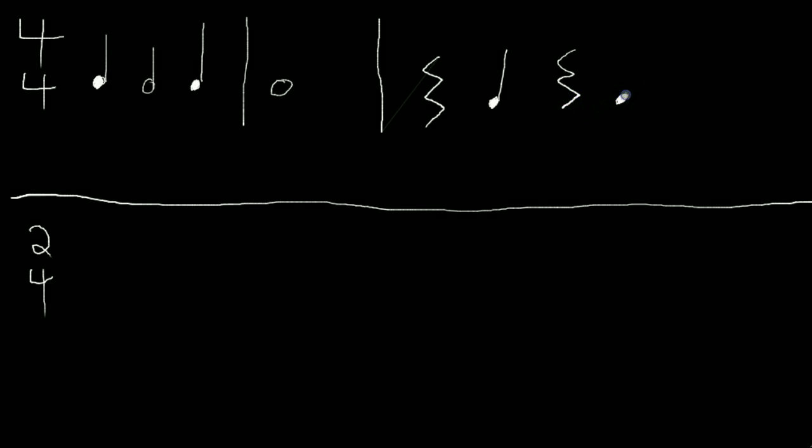And then this will just be 3 measures. I made that stem way too long, so let's clean that up a little bit. There we go. I don't want to make this too long because this is a new concept. So we've made 3 measures of 4/4.